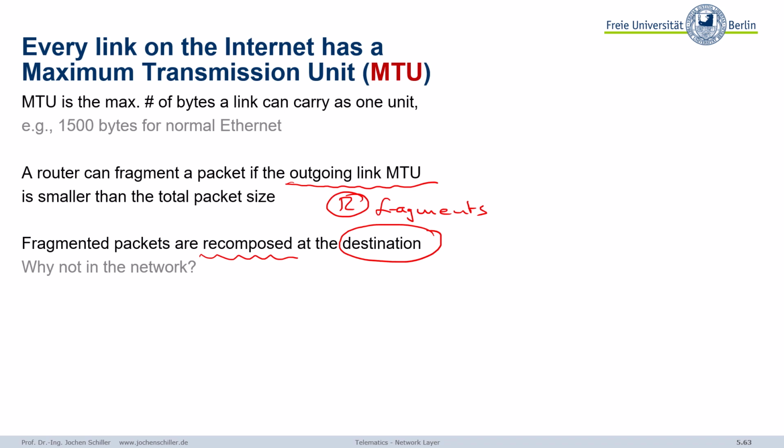Yes, you have to recreate the original packet, not for the router. So the routers will do fragmentation. They don't like it, but they do. They have to in IP version 4. But they will never reassemble, recompose those packets. Plus, there might be problems like dropped fragments. What should a router do, etc. It's not the job of a router.